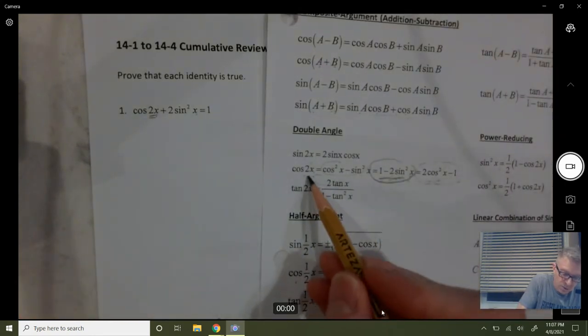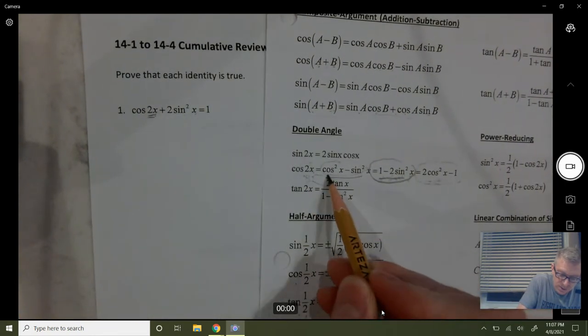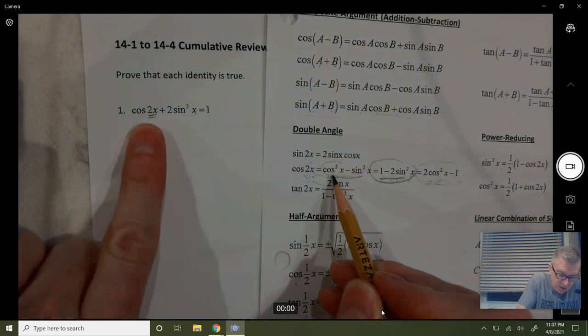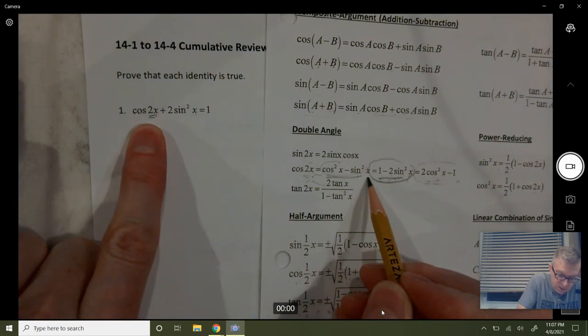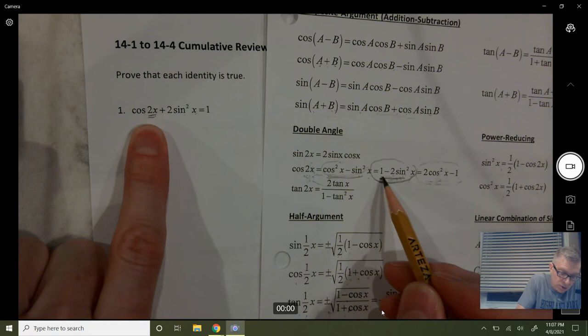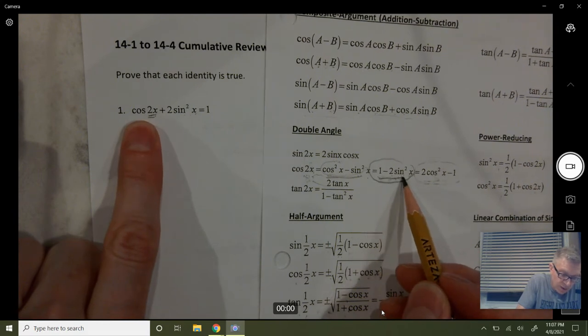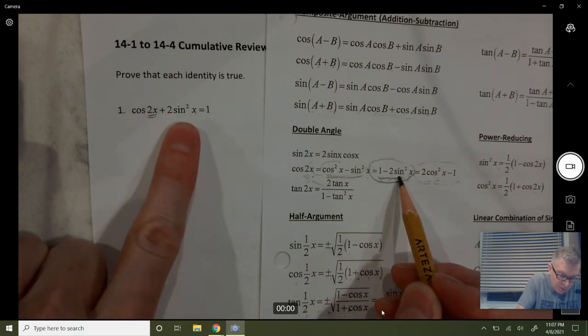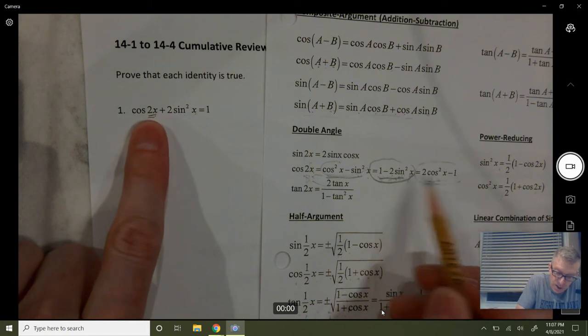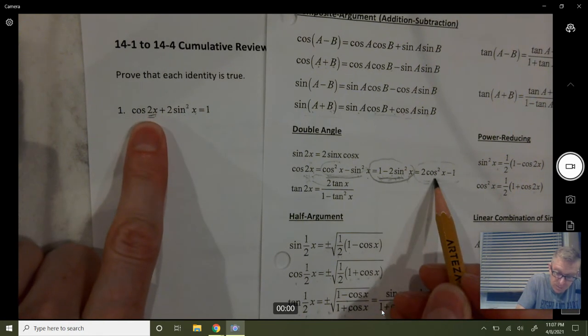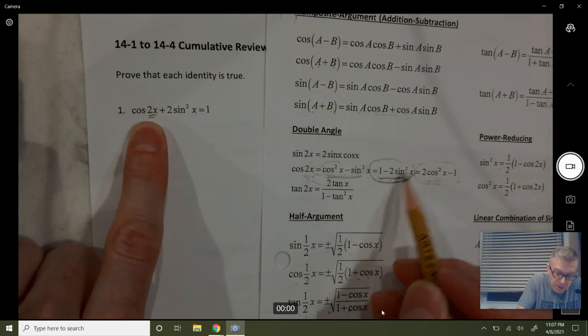So you look at your double angle formulas. Cosine of 2x, we've got three choices. We could turn that into cosine squared x minus sine squared x. Not a bad option. We could use this one, 1 minus 2 sine squared x. I kind of like that one because we have a 2 sine squared x. We could also use this one. All three of them will work. I'm going to pick this one.